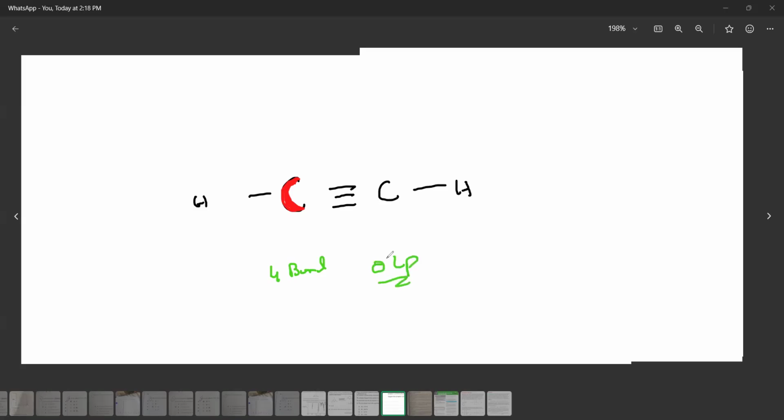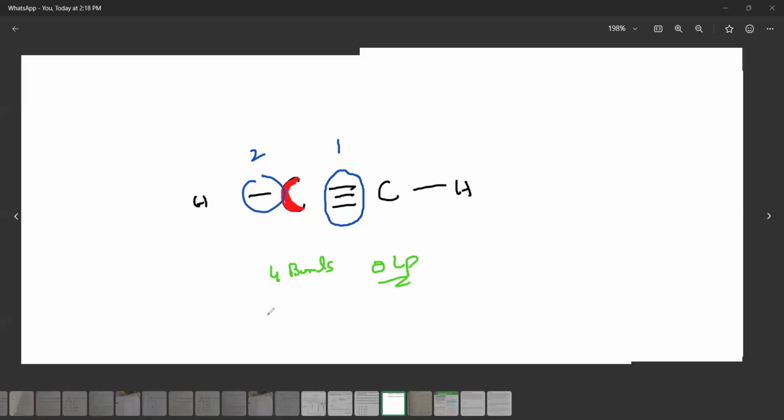But when I'm predicting the geometry, the double bond, triple bond and single bond are each classified as 1. So this is classified as 1 and this is classified as 2. Because the double bond and the triple bond are in the same line, it won't make a difference to the geometry. So in the exam, you will say there are 4 bond pairs and 0 lone pairs.